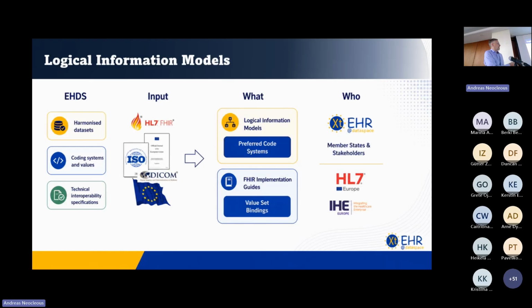And in the FHIR implementation guides, there are bindings to value sets. As you know, this is one of the most difficult parts to get agreement on in all of health information standardization. So there is still work ongoing.